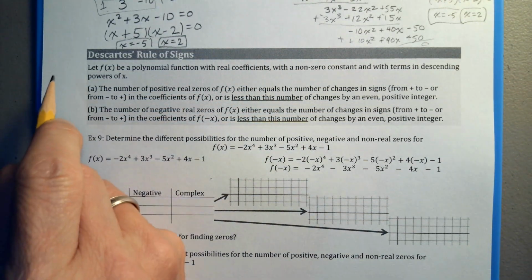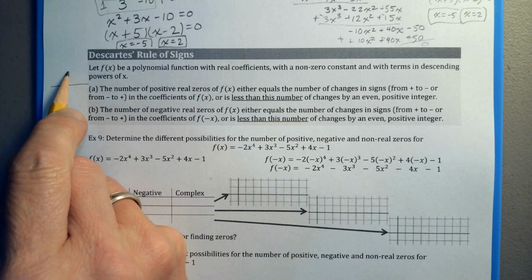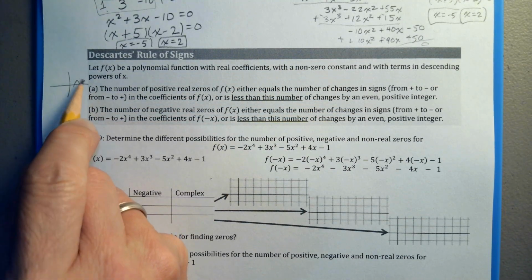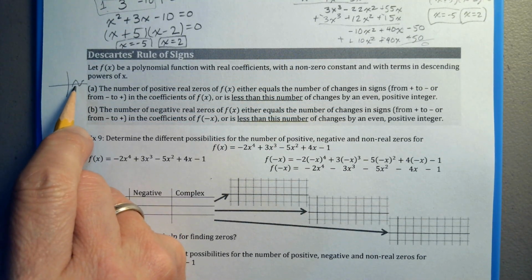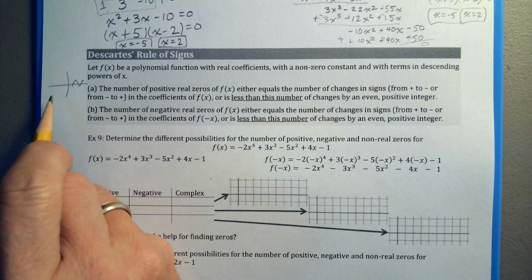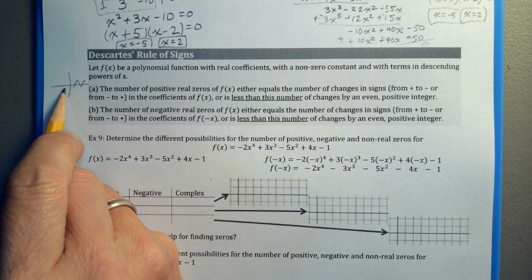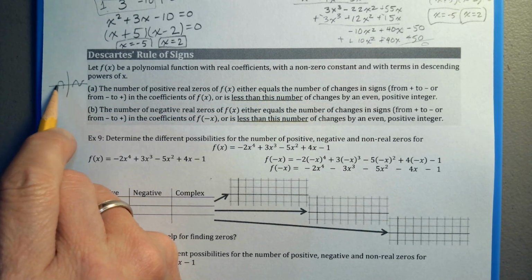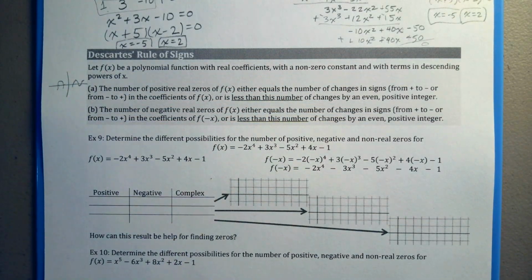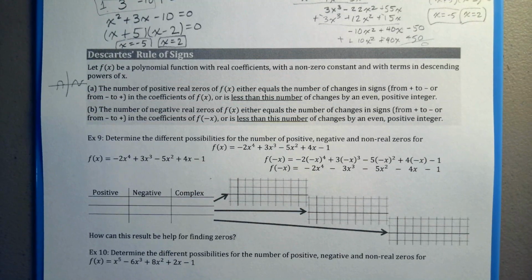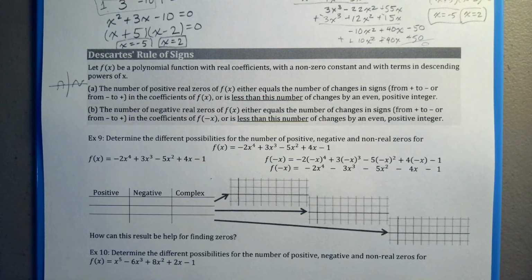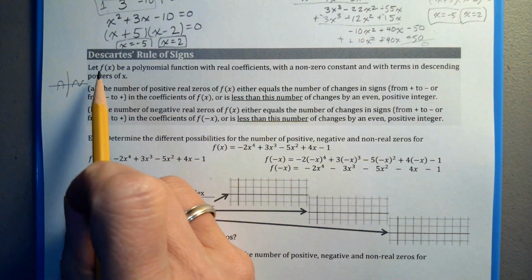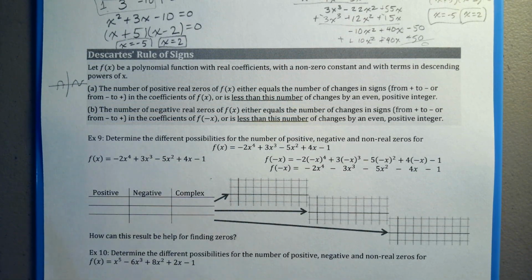What we mean by that is, positive real zeros would be zeros where the function crosses the x-axis on the positive side. Negative real zeros would be where the function crosses the x-axis on the negative side. Depending on the results of Descartes' rule of signs, it's sometimes helpful.